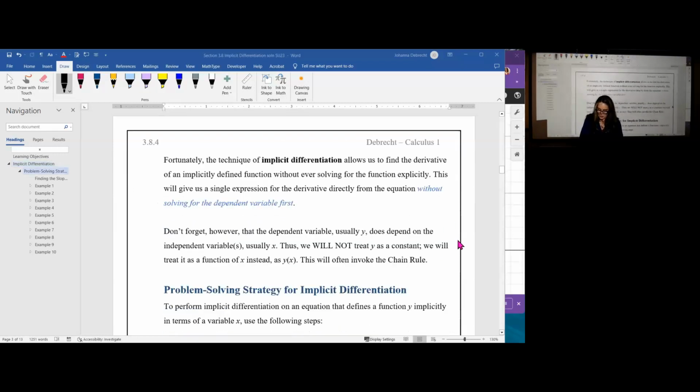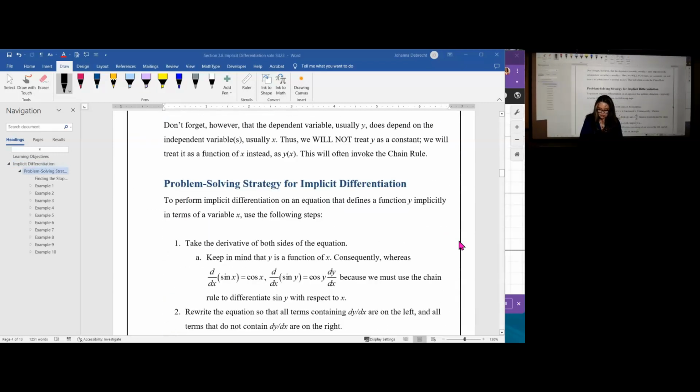Don't forget, though, that y is still the dependent variable, and it does depend on x. Since we're taking the derivative with respect to x, this is going to invoke the chain rule. Y is not x, but it's a function of x. When you take the derivative of y, you get dy dx. This is the chain rule.